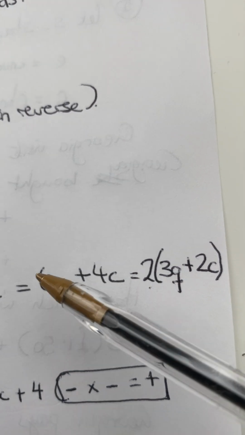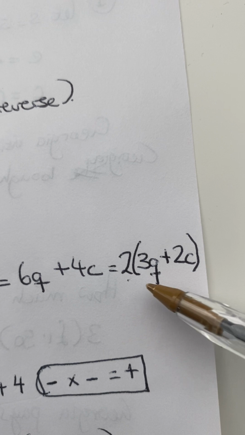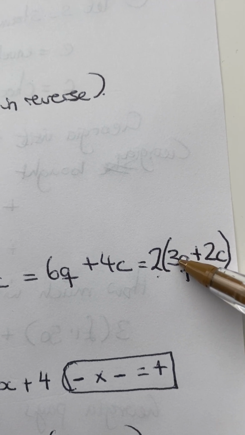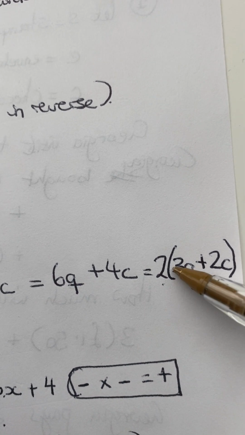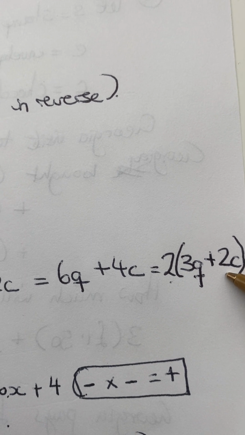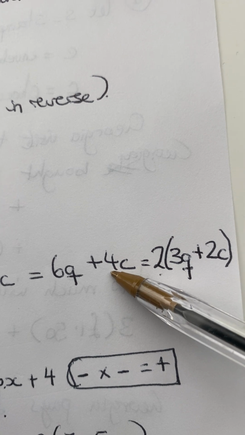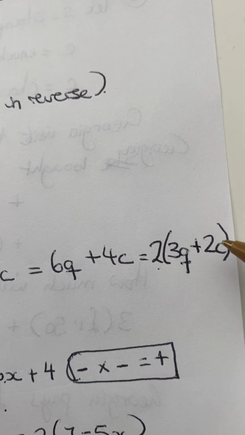How many 2's do you have in 6? 3. And then you bring the Q, so 3Q, so that when you multiply back, you get 6Q. And then 2 times 2C is 4C. So you can move from here to there.